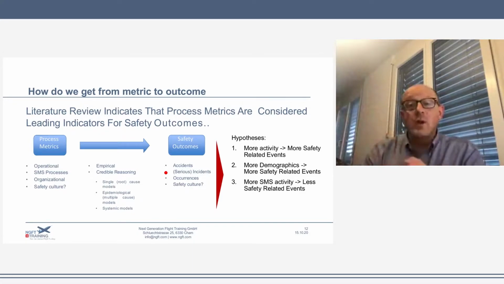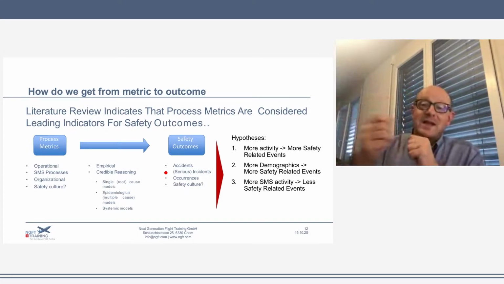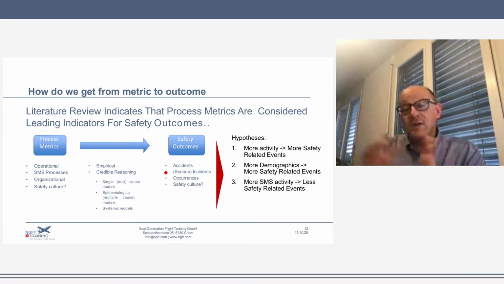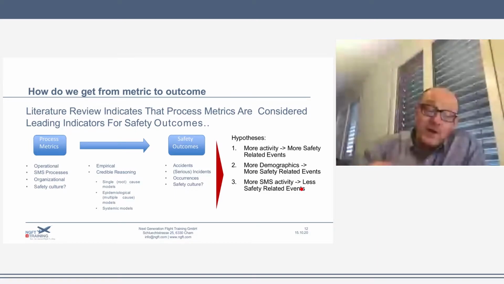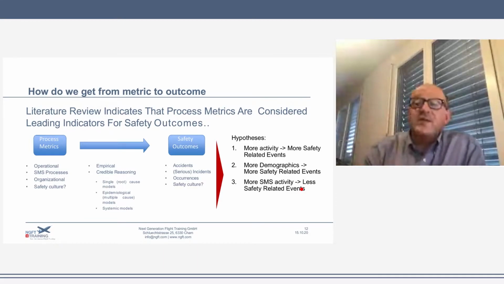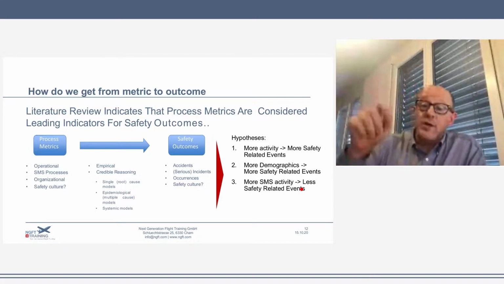And if we look closely, we would detect that deviation and announce it. So we detect more deviations, and therefore have fewer safety-related events, because we're able to correct faster.